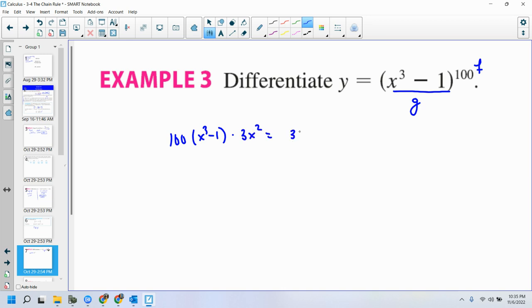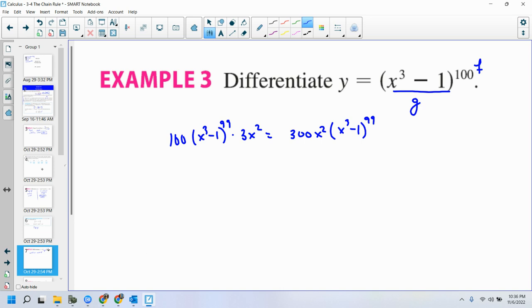So in other words, 300 x squared, oops, I forgot the 99th power, times x to the 3rd minus 1 to the 99th. I would have caught that on my key, but I bet there was somebody out there saying, well, Mr. Albert, the 99th. Just gotta double check that. Yep. 300 x squared times x to the 3rd minus 1 to the 99th.